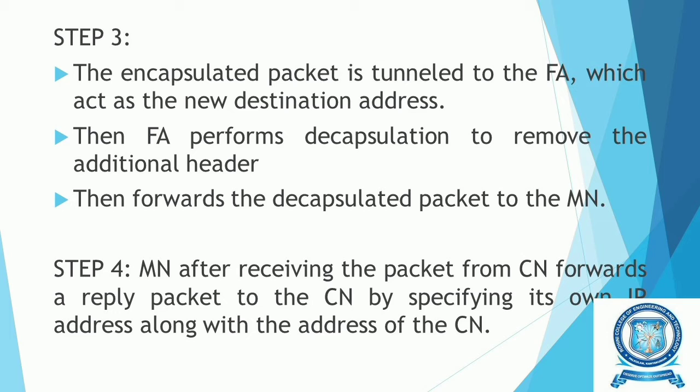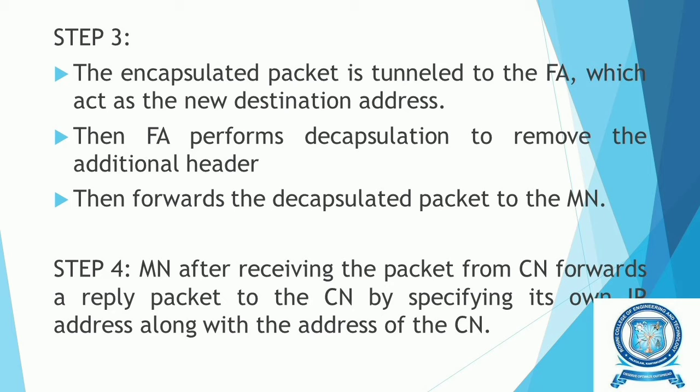Then it forwards the decapsulated packet to the mobile node. In step 4, the mobile node, after receiving the packet from the correspondent node, forwards a reply packet to the correspondent node by specifying its own IP address along with the address of the correspondent node. So that comes to the conclusion of how mobile IP works.